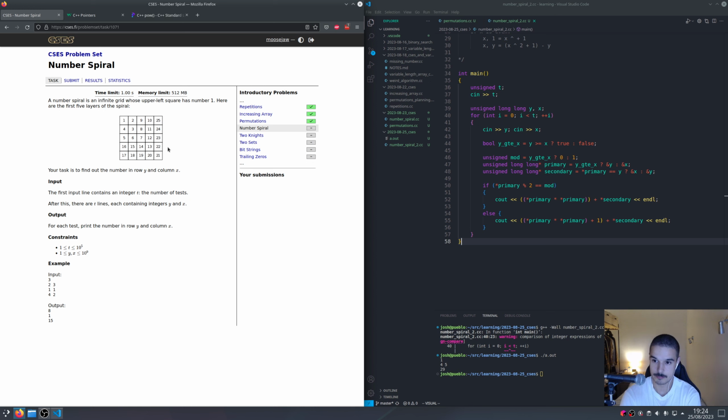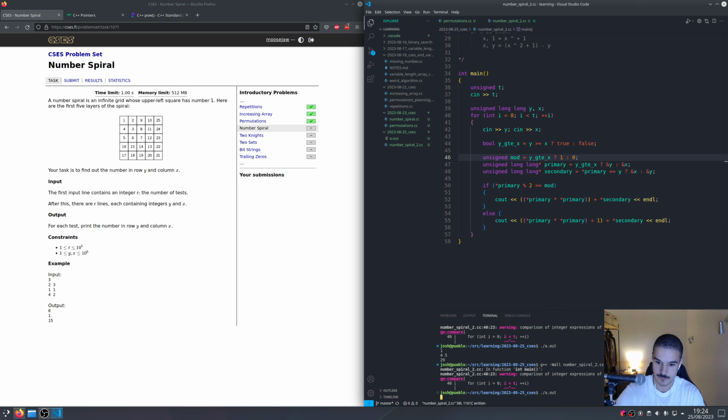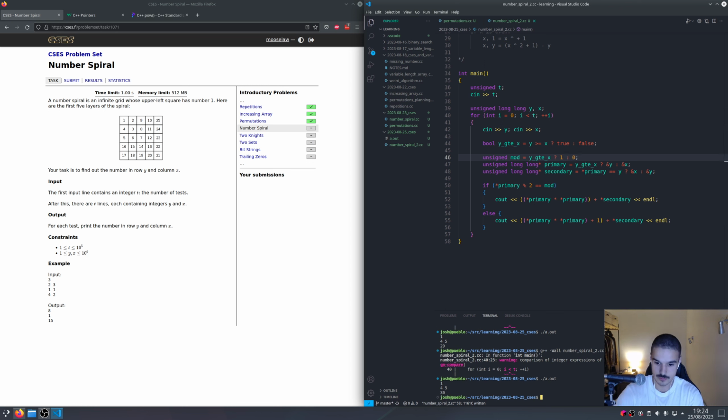So our mod is... Hang on, maybe this is... Maybe it's just that this is the wrong way round? Maybe? That could be it. 1, 4, 5.